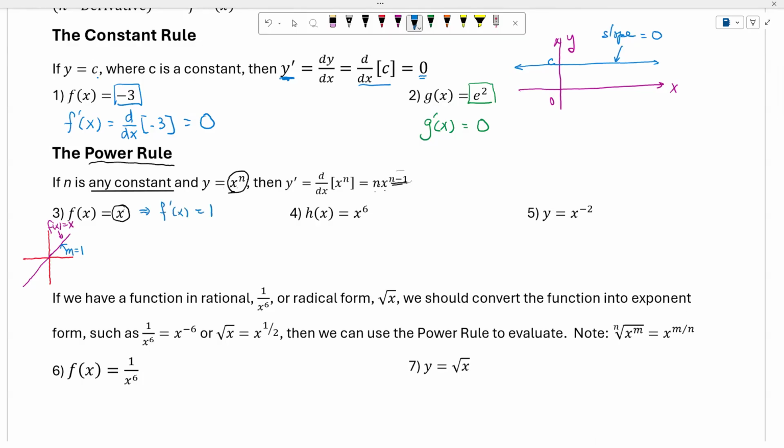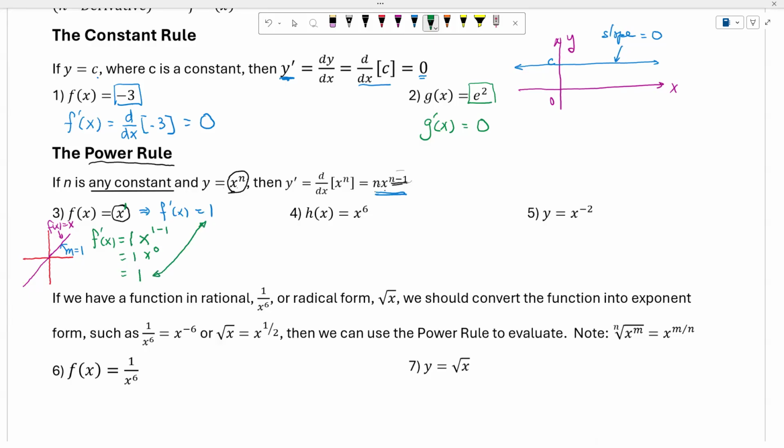Now let's apply the power rule to see if we get the same result. Then f prime of x is equal to, remember, if I have x, it means I have x to the power of 1. So I bring the power down, x to the power of 1 minus 1. Then I have x to the power of 0, and we know that x to the power of 0 is 1.